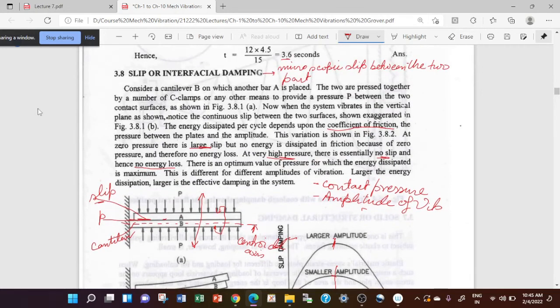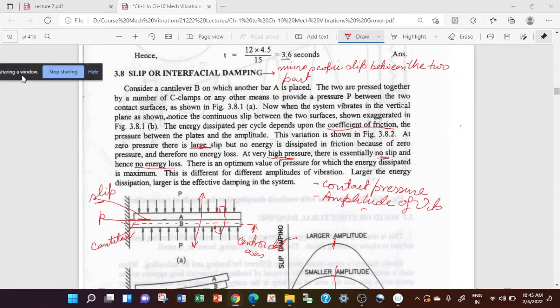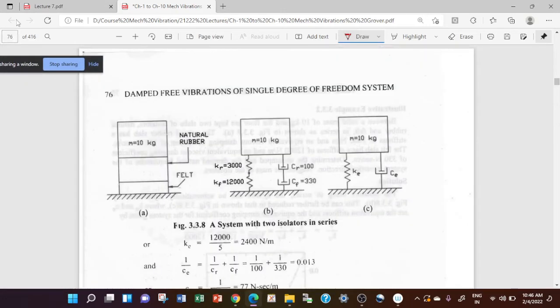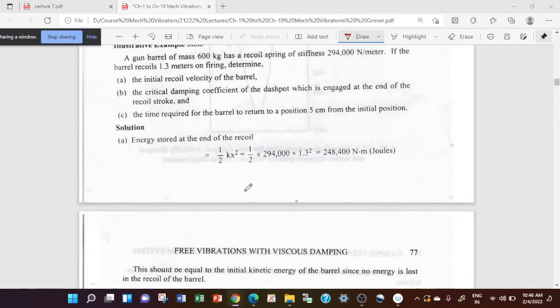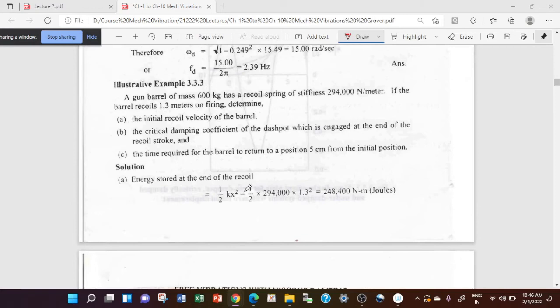Now let us solve a problem. This is a gun barrel of 600 mass.